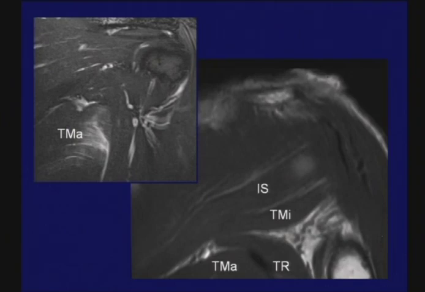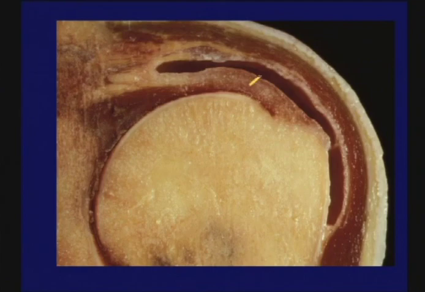Usually they are fibrous strands that you don't see, but if there is a ganglion cyst or something like that sticking into that space, then you can consider quadrilateral space syndrome with interruption of the axillary nerve or posterior circumflex humeral artery.